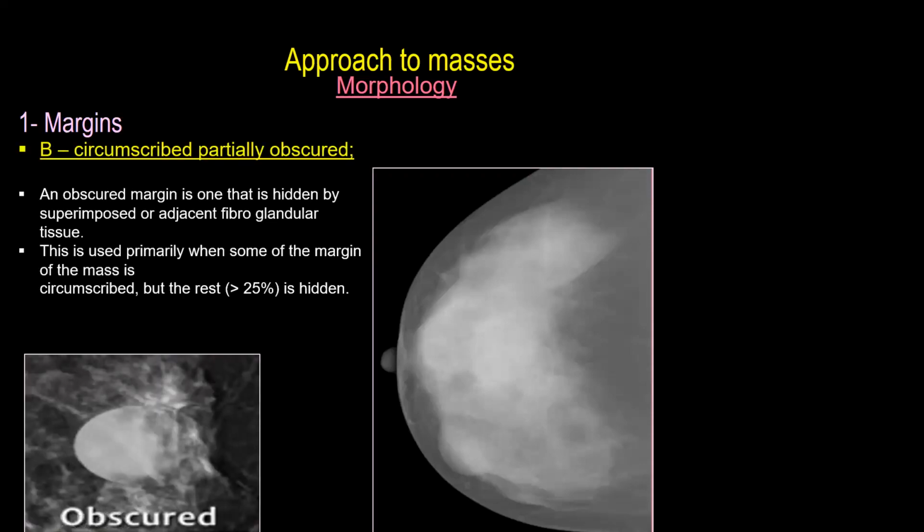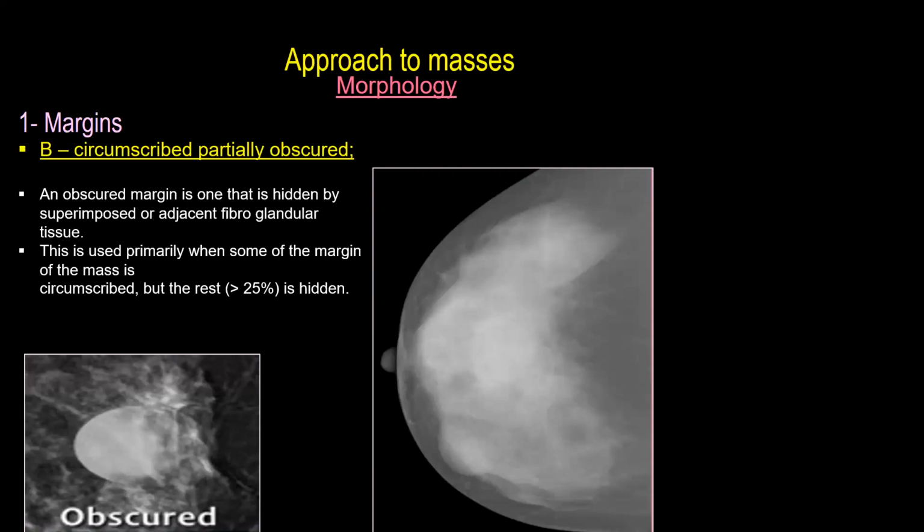So, yes, this is obscured, partially obscured. It is almost 50% obscured, or hidden, by the adjacent parenchyma. So this is an obscured margin.